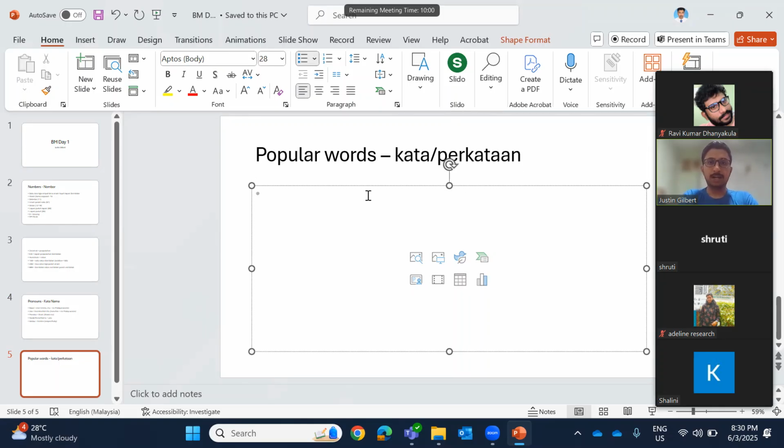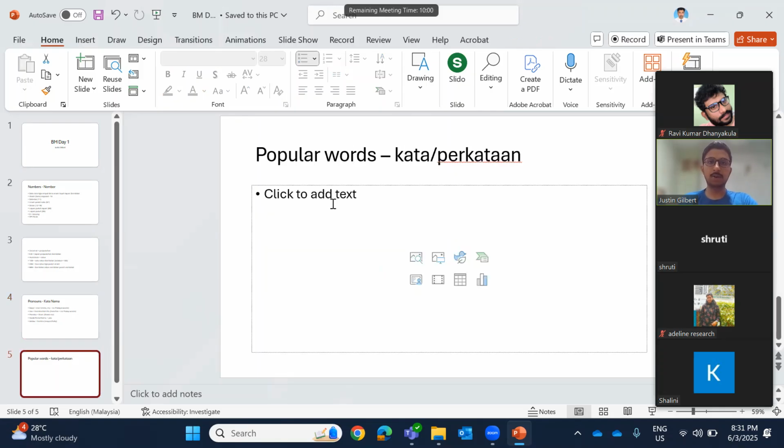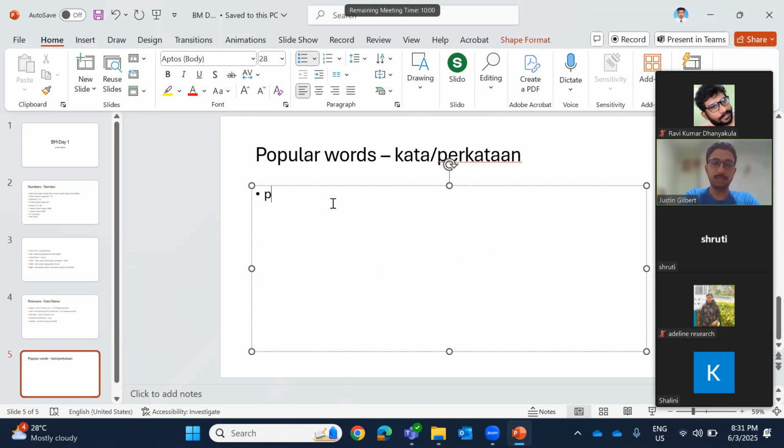So to make any simple sentence, there are some words that we mainly need. If we go back to the previous slide, I did say some of these words have no Malay words. So how Bahasa Malaysia fills this up is with this word, punya. Now punya, on its own, doesn't have a meaning of its own. If you ask someone what punya means, they won't be able to tell you.